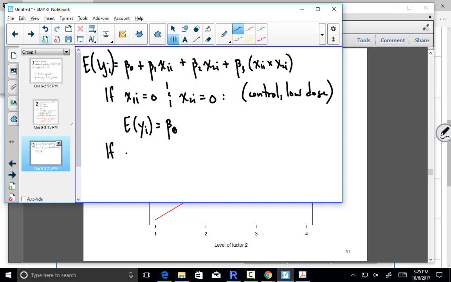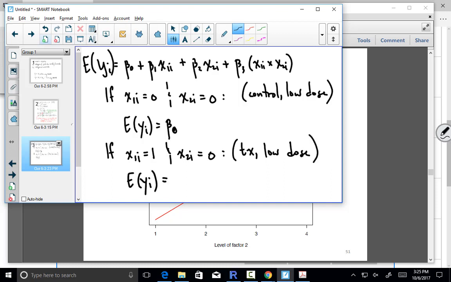And we can do this for all other possibilities. Suppose we say x1i equals 1 and x2i equals 0. So this is the treatment group, low dose. Here we're saying that the average is equal to beta 0 plus beta 1.